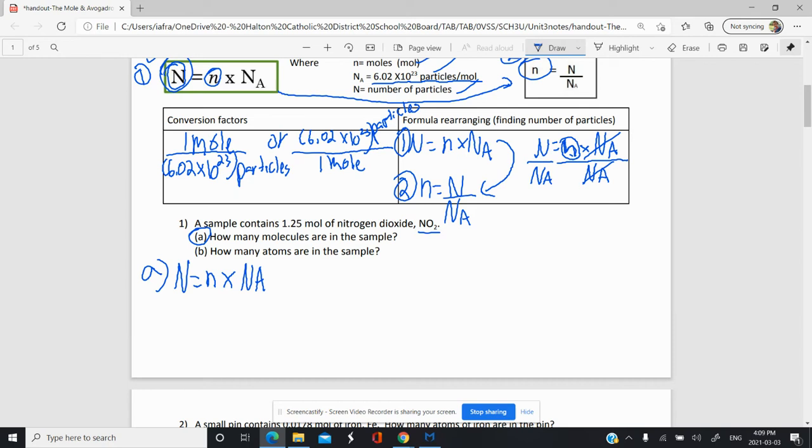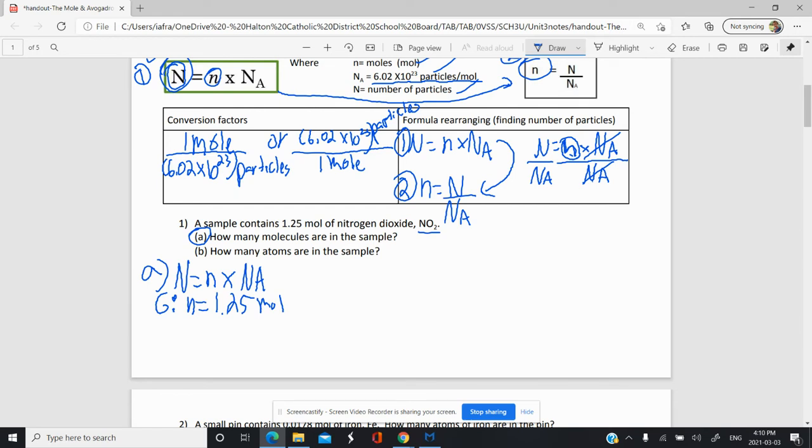What I usually do is I write down my given information. So my given information, given, is going to be that I have n is equal to 1.25 moles.